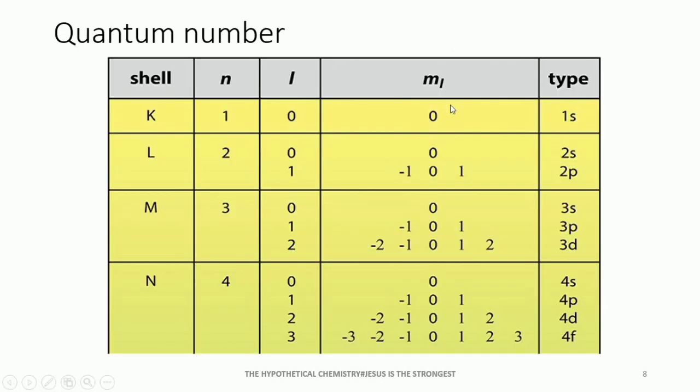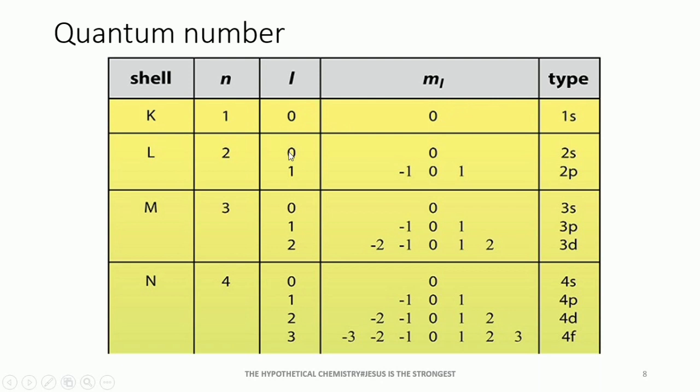So let's see how to determine the magnetic quantum number from the angular momentum quantum number. Here the angular momentum quantum number is 0, and we don't have a negative or a positive 0. So the magnetic quantum number will just be 0.